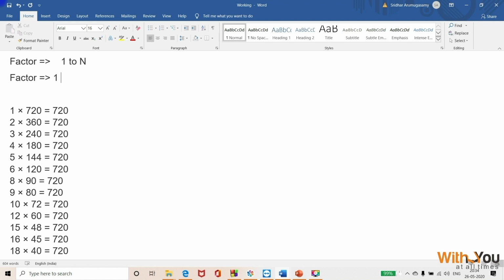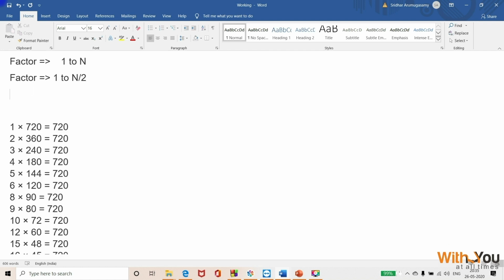Okay. So 1 to n by 2. This is what people generally talk about. But if you have a much closer, microscopic look, something is very obvious. To become a factor of a number, you need another number.